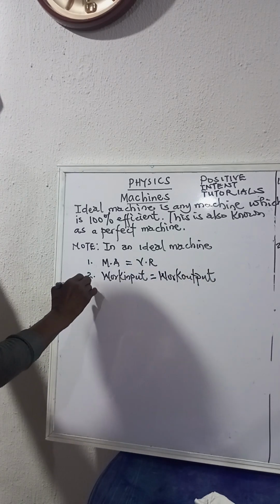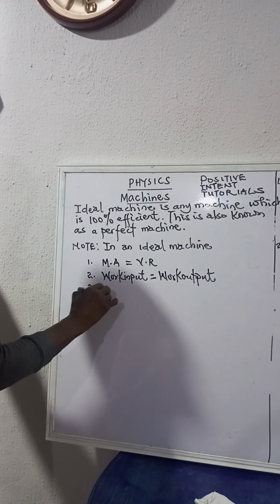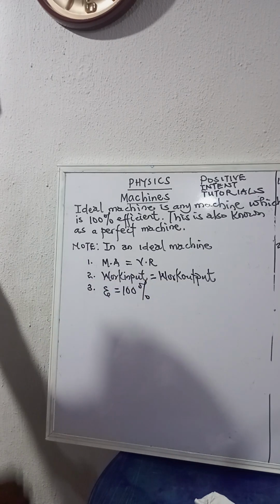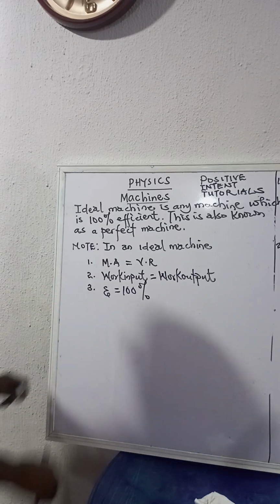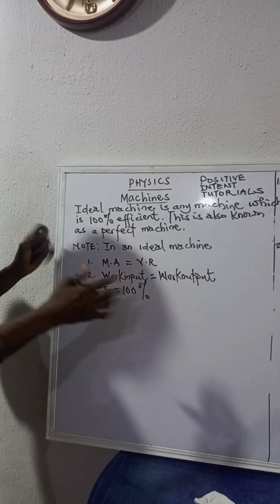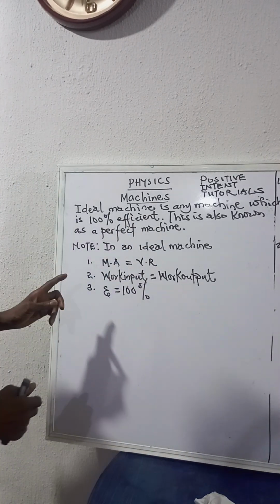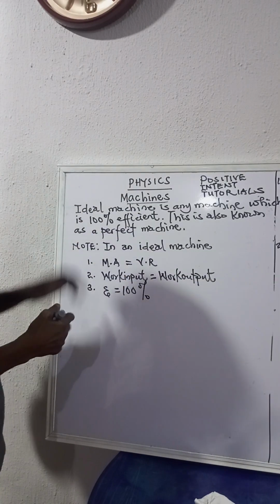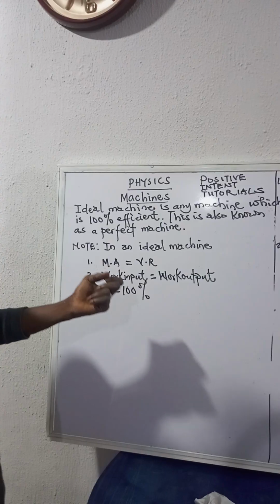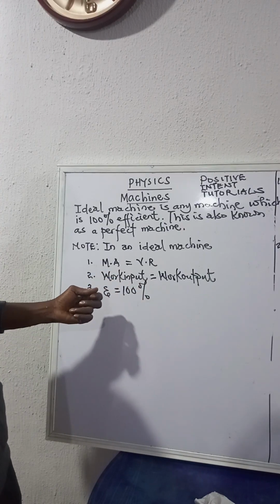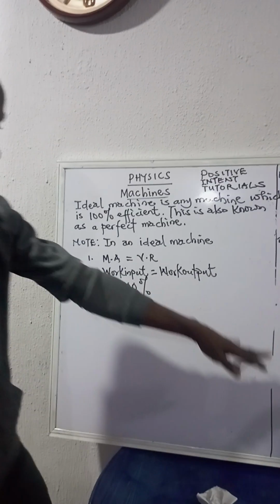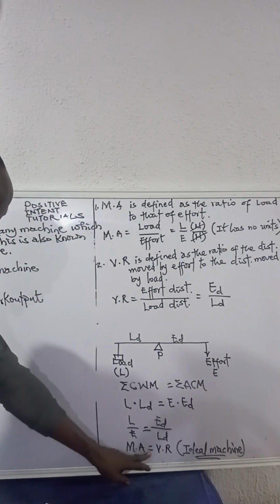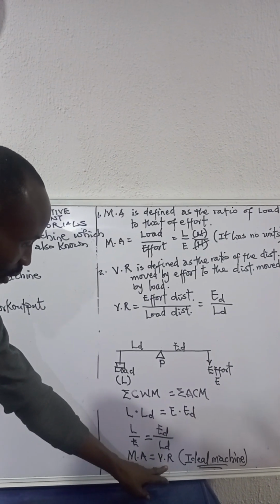Then three, efficiency is equal to 100%. So with this, you just have to understand that in an ideal machine, mechanical advantage is always equal to the velocity ratio, which is what I've just applied here.